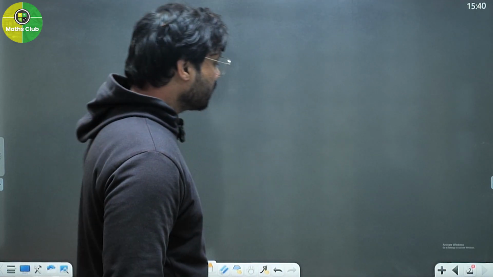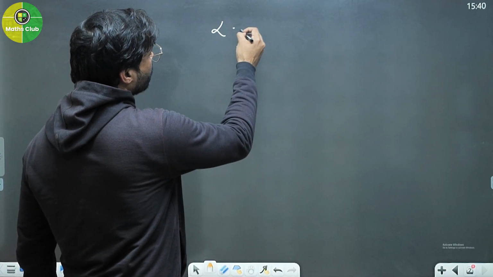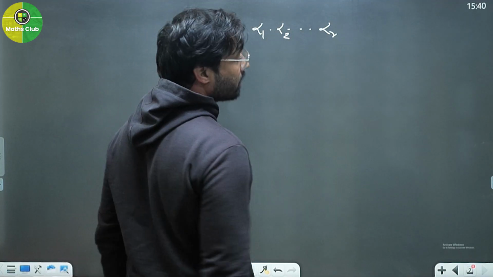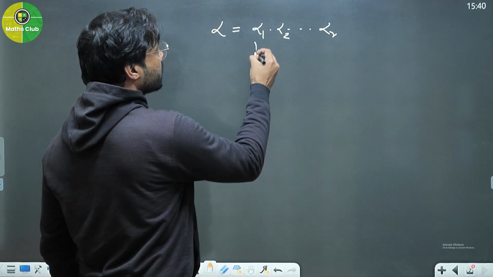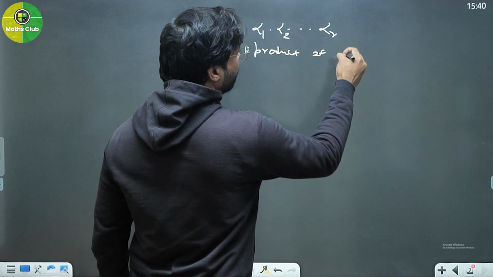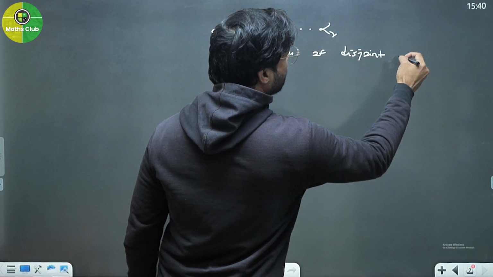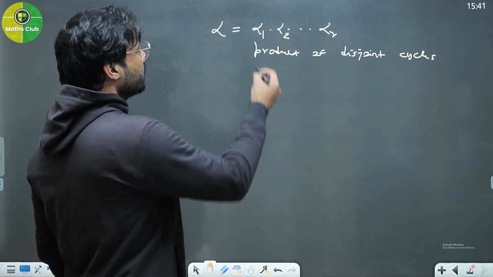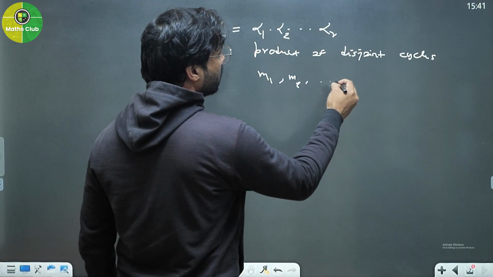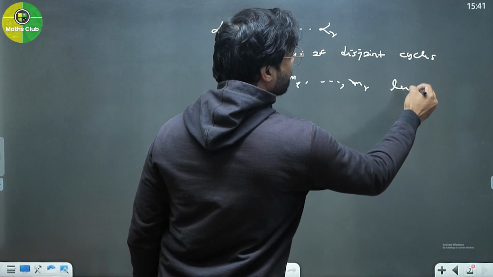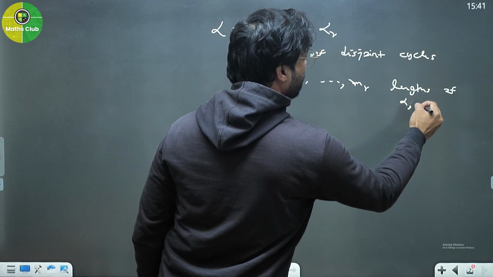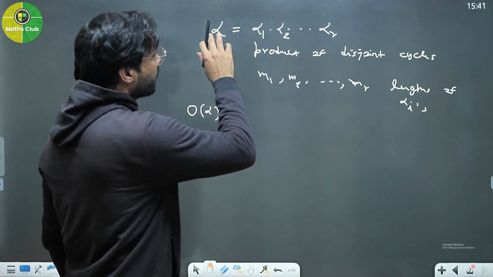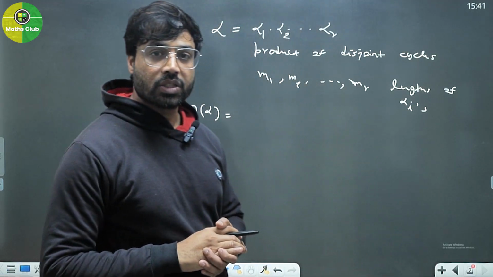We know that any permutation can be written as a product of disjoint cycles alpha 1, alpha 2, up to alpha r, of lengths m1, m2, up to mr respectively. Then what will be the order?